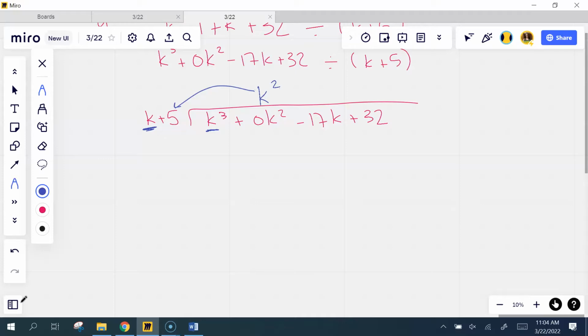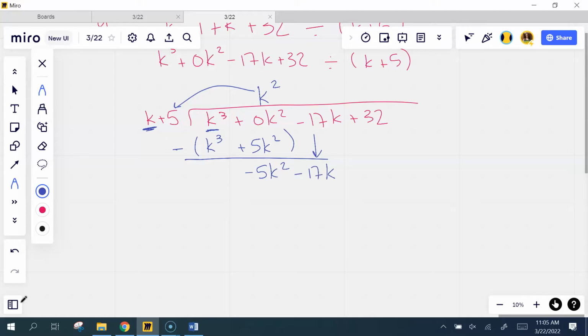So k squared times k. K squared times 5. Look at y'all long dividing. Subtract. What do you get? Yeah. Bring down the next one.